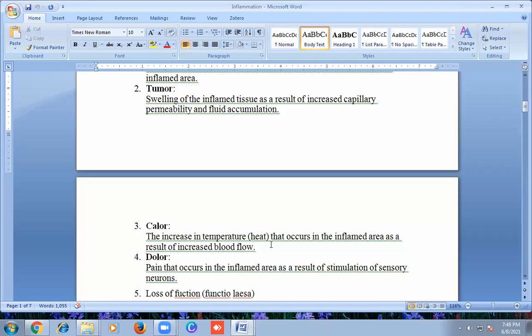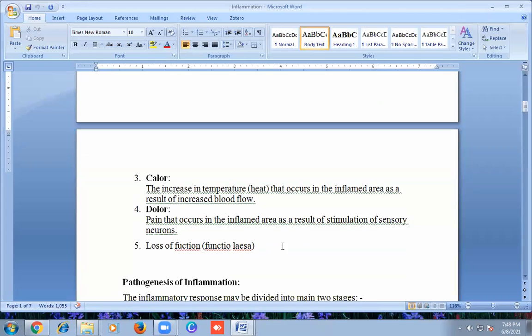Because of the increased blood flow. Whenever you have any type of inflammation, that area will become red, it will become swollen, and afterwards if you feel it, you will feel a little warmness.